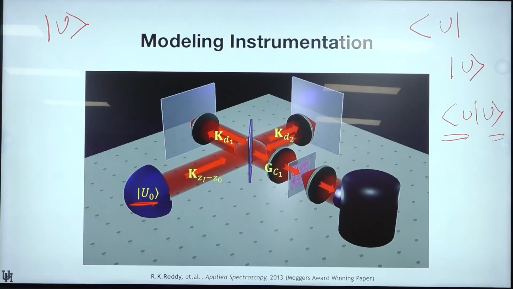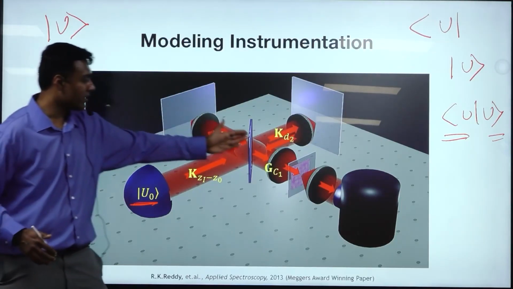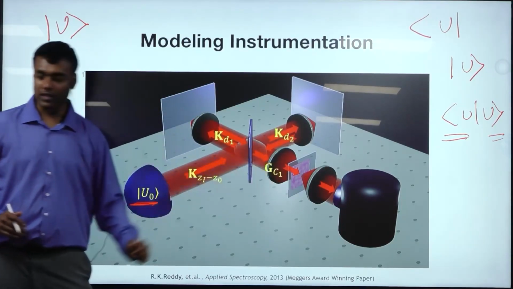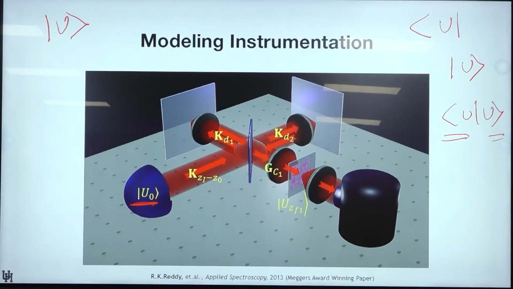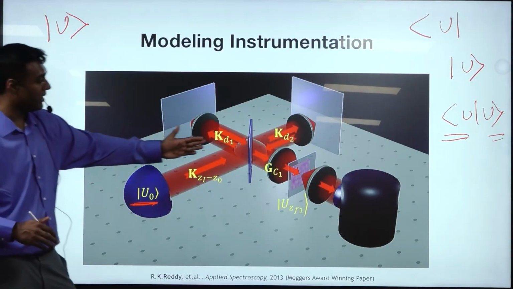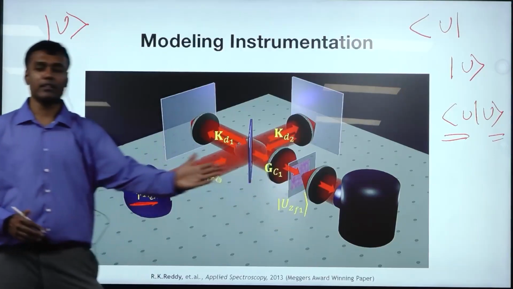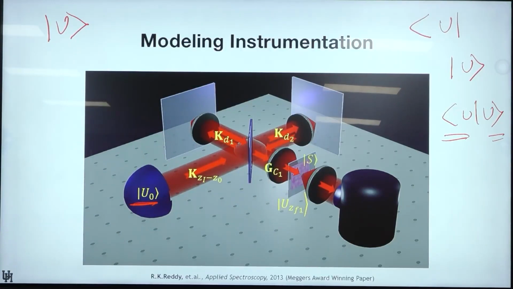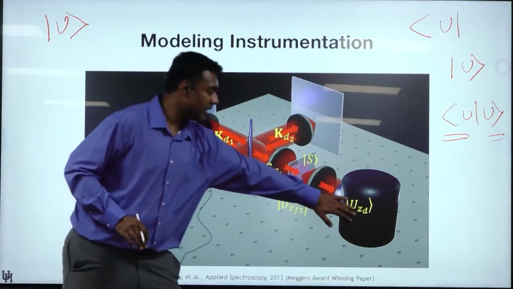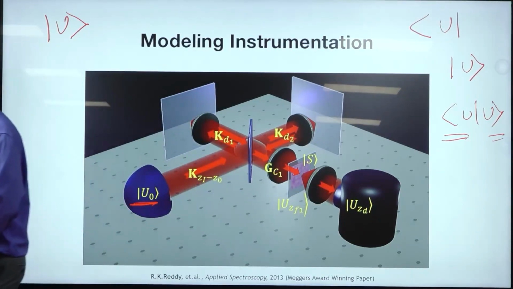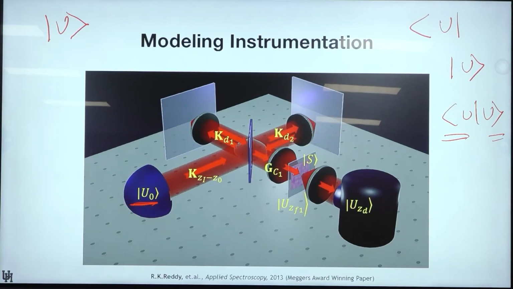Then it goes through a focusing system and onto the sample, and the field immediately after the sample is this, and then this goes to the detector, and you have the field at the detector. At the detector, what's the field? And then at the detector, you make a measurement.